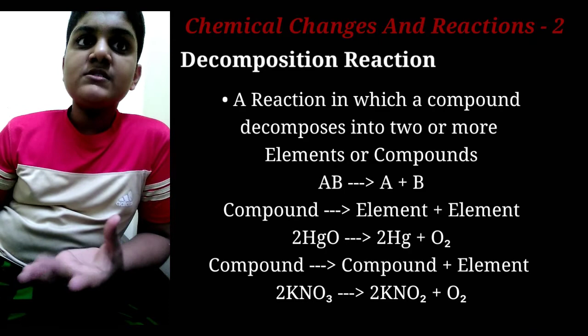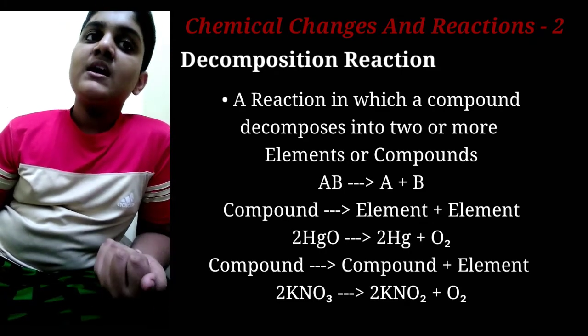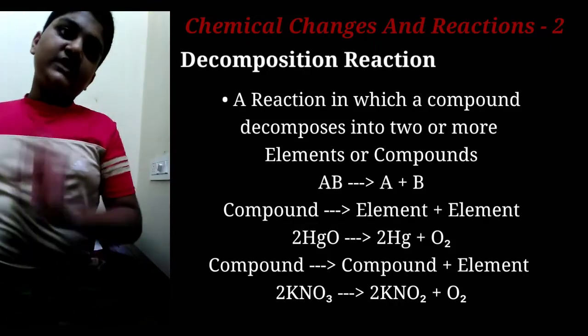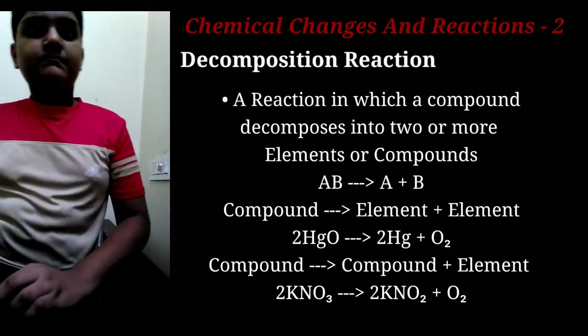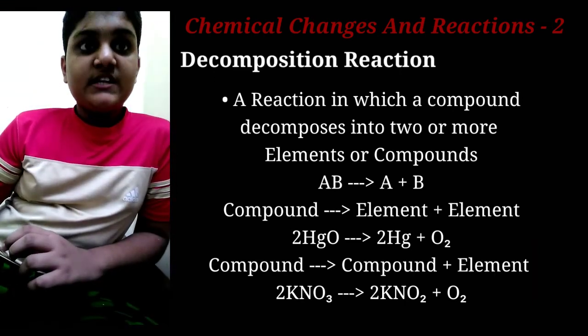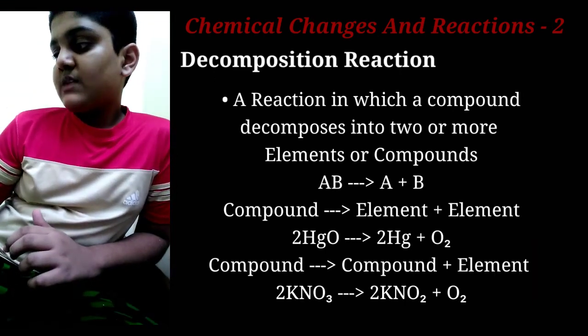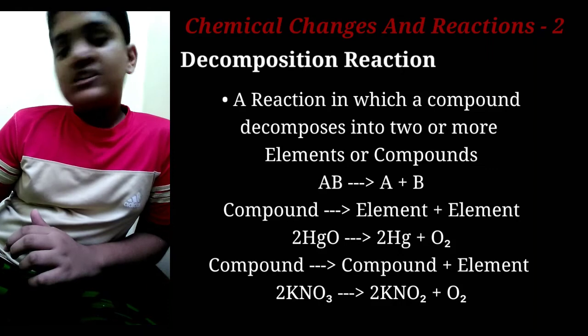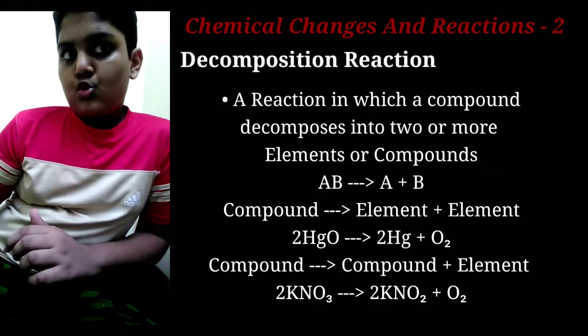That is ABC on heating gives AB plus C. That example is potassium nitrate on heating gives potassium nitrite plus oxygen, 2KNO3 on heating is 2KNO2 plus O2.